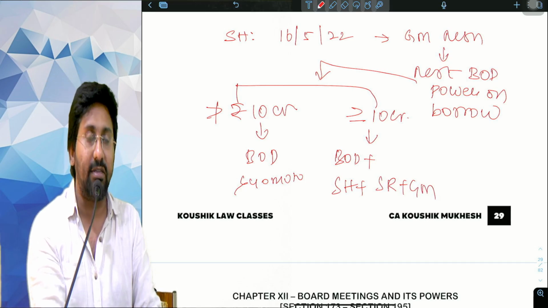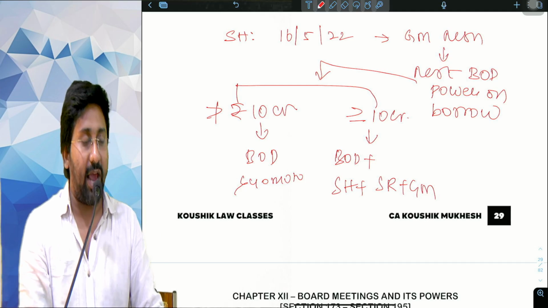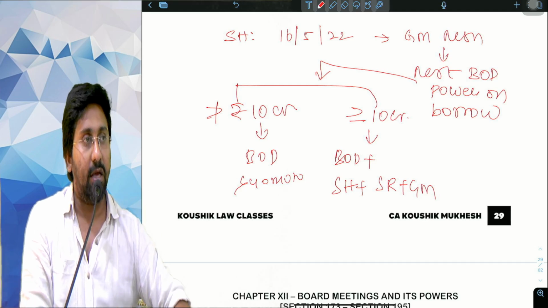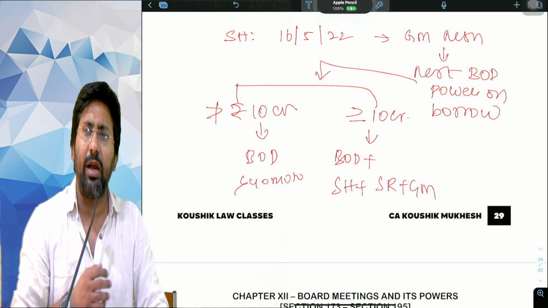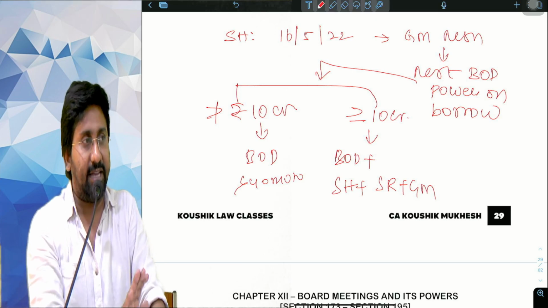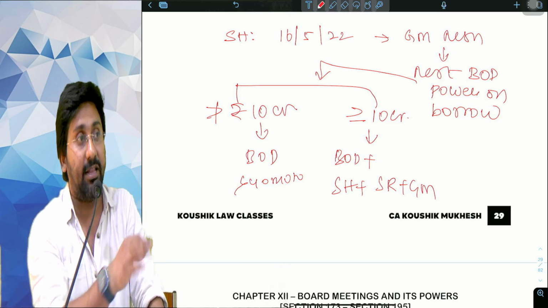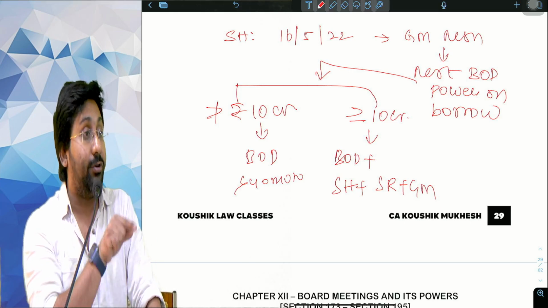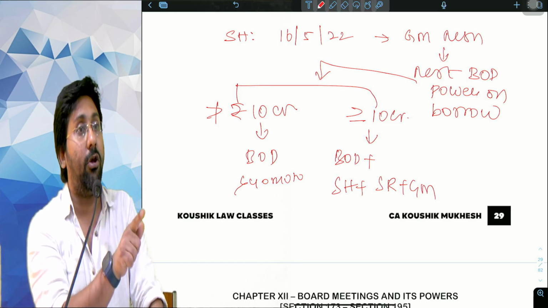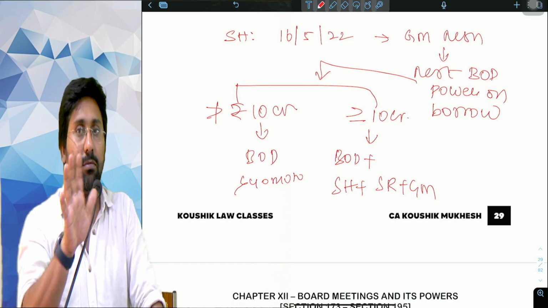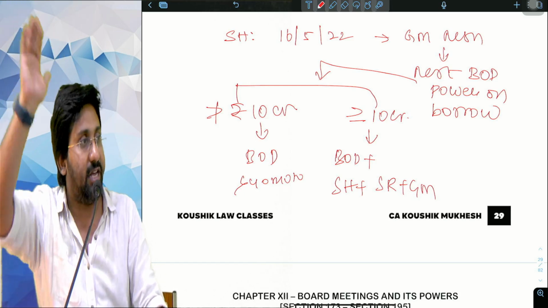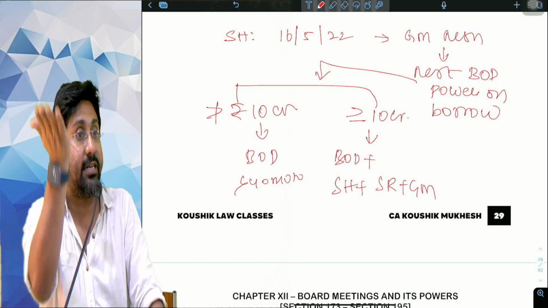Can they do like this or not? First tell me this. Can shareholders do like this? Yes or no? How can you tell? We are taking away the powers, we are restricting the powers. If I don't do like this, the board will borrow even though there is no requirement to borrow. They will borrow 20 crores to 30 crores unnecessarily. The company's debt component will increase.